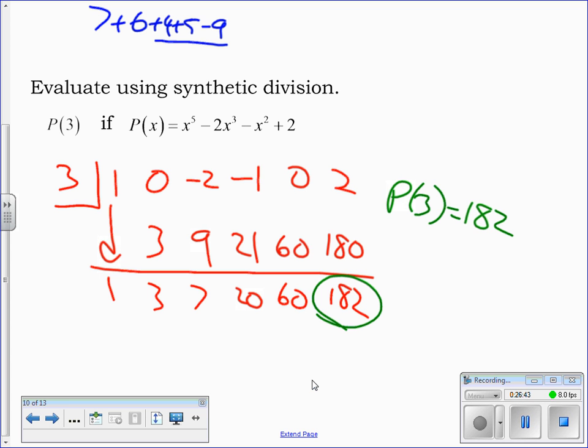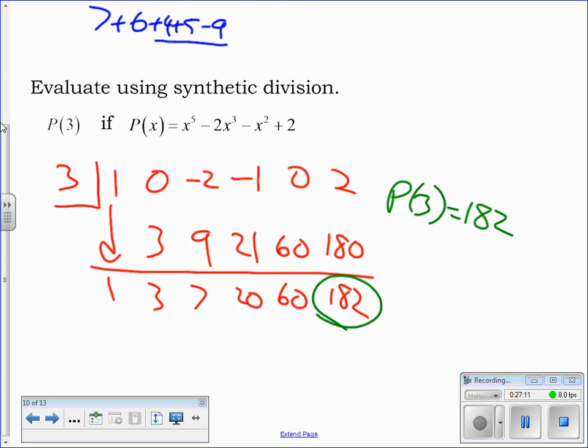If I were to take 3 to the 5th power and then take 3 to the 3rd power times -2, add it to that, minus 3 squared plus 2, I work that all out, I get 182. The remainder, when I do this, is my evaluation. That's my answer. Okay, so I do the same process as synthetic division, but I just get this.